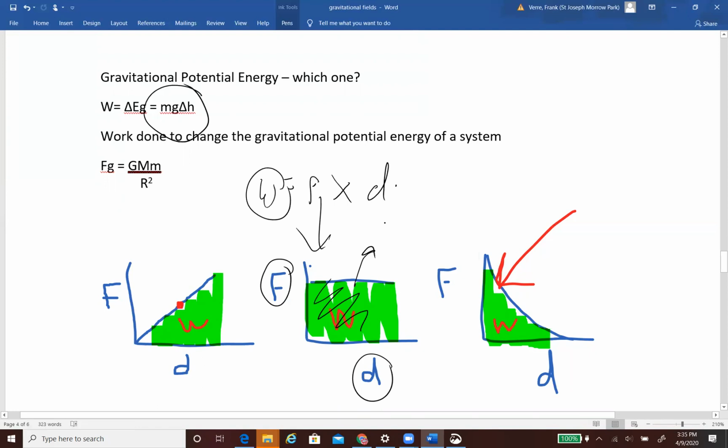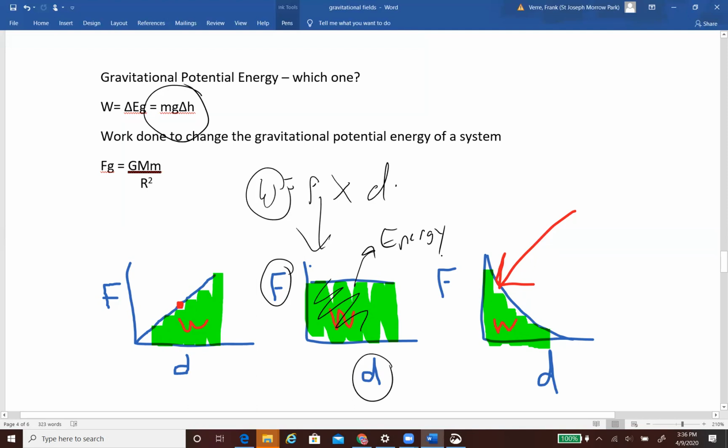Starts with an E. The area represents the energy.